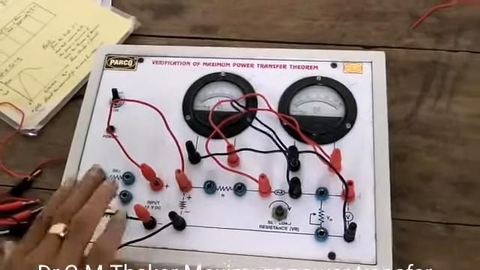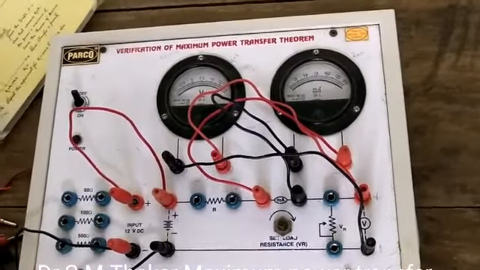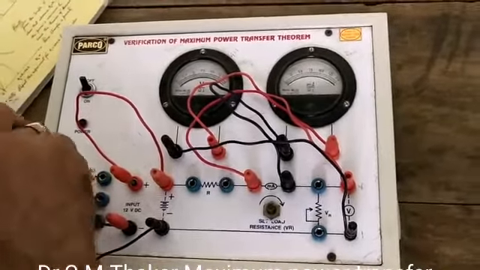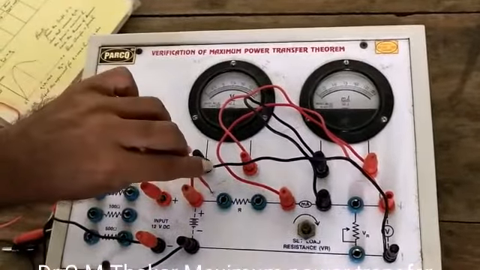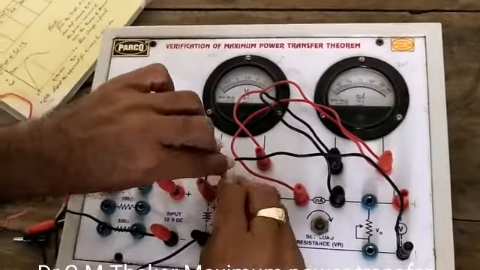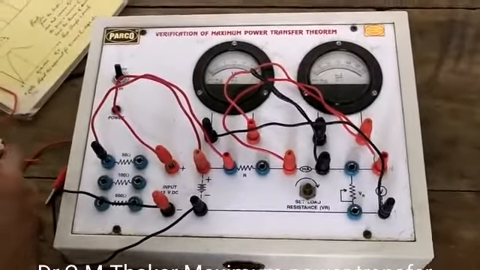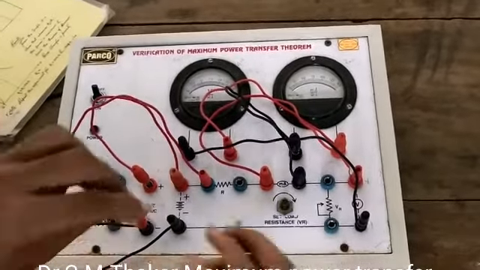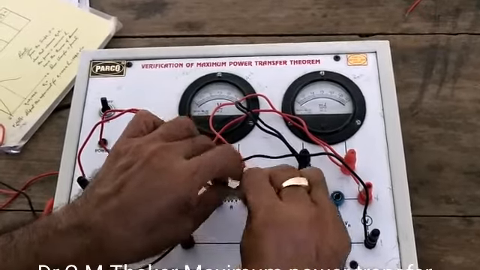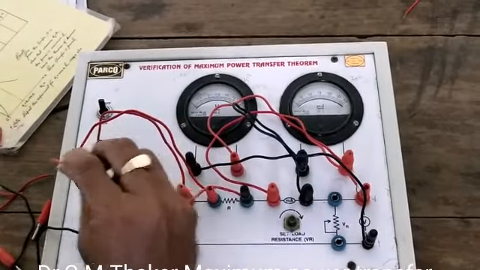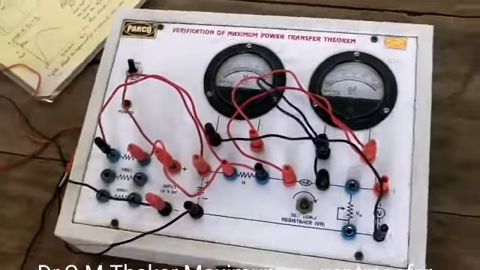Now for the resistance, I would like to use 50 ohms. So the circuit is almost ready. The last terminal of the resistance, and now the circuit is ready.